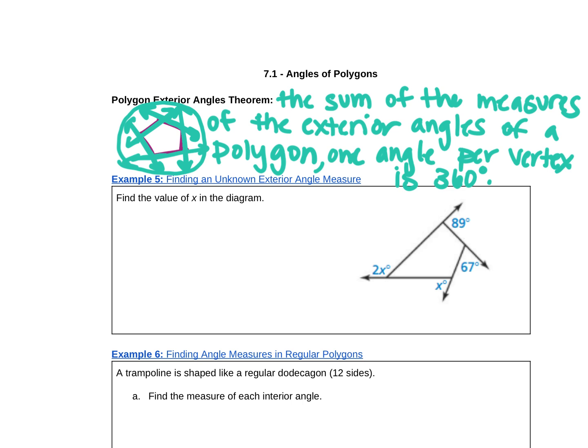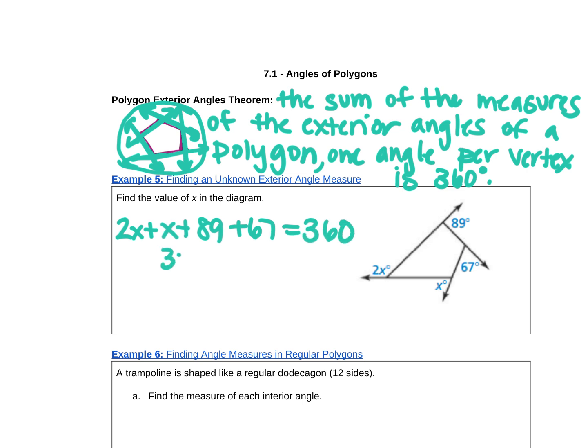So again, those are angles on the outside of the polygon. All we're going to do is add them together. And we don't have to worry about what they're going to equal this time, because they will always equal 360.